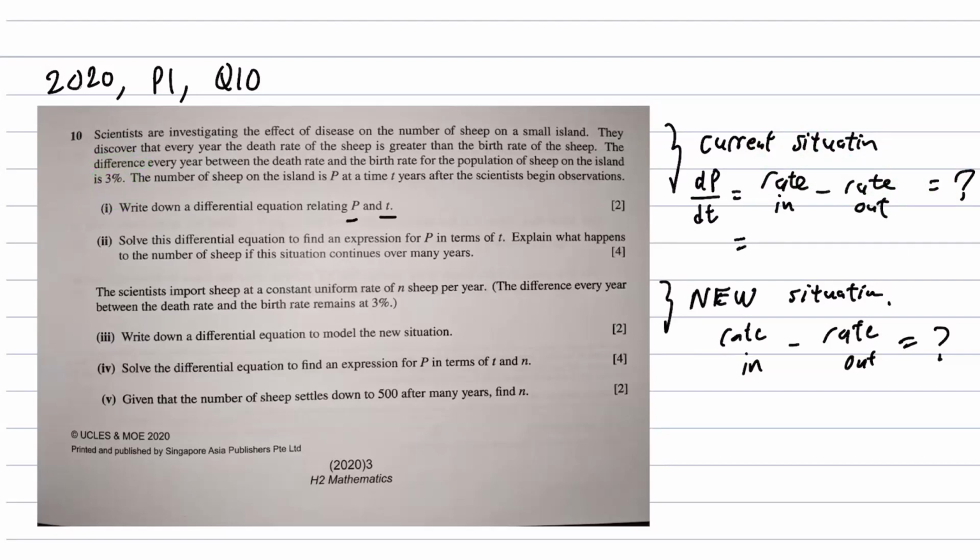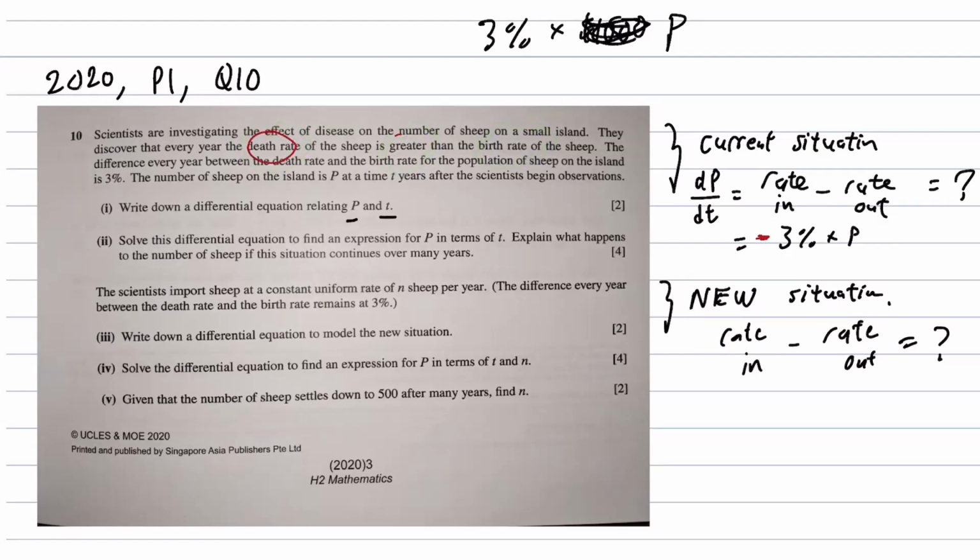3% of what? 3% of P. 3% of $1,000? No, not $1,000, it's the population of sheep. So P, right? So it's really just 3% times P. But wait, they tell you that due to disease, death rate is greater than birth rate. So do you think this should be positive or negative? Negative, exactly. You need to think of this on your own.